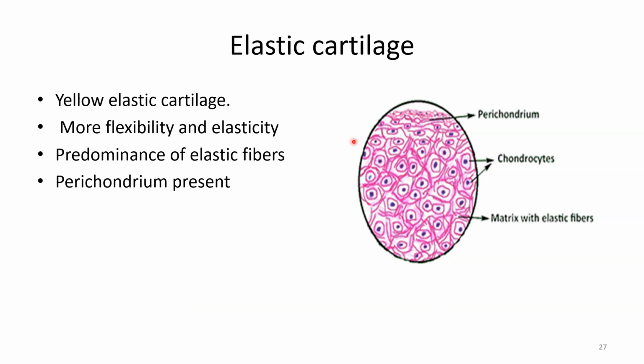In this picture, you can see the perichondrium with the two layers and the chondrocytes. When you compare with the hyaline cartilage, the cells are larger in size and they are not seen in isogenous groups of many cells, and then they are seen singly or in groups of 2 or 3. The matrix contains the elastic fibers.